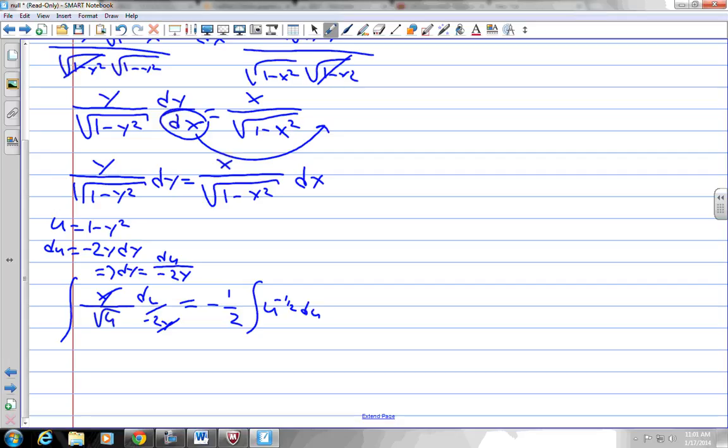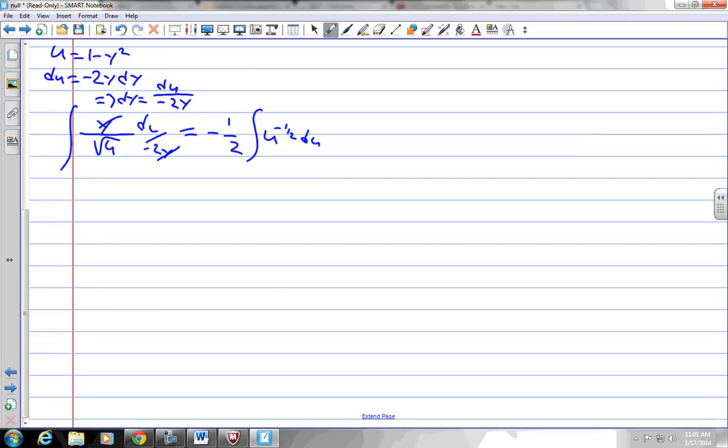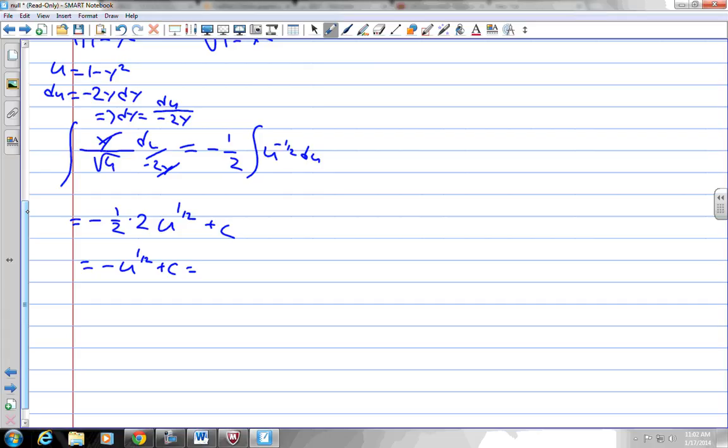So integrate that. You'll end up with negative 1/2, and then the antiderivative of this is u to the power 1/2 divided by 1/2, so it's times 2. So you get negative u to the 1/2. When you substitute back, it's negative square root of 1 minus y squared. So that's exactly what you get doing the trig substitution.